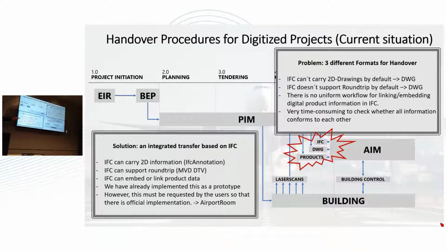The third point here is that we can embed product data. Especially with the technology we got presented yesterday, with the BSDD connections and so on, we can embed denser information about the products. But also, because IFC is getting more and more able to split equipment or to split, for example, walls into different components.